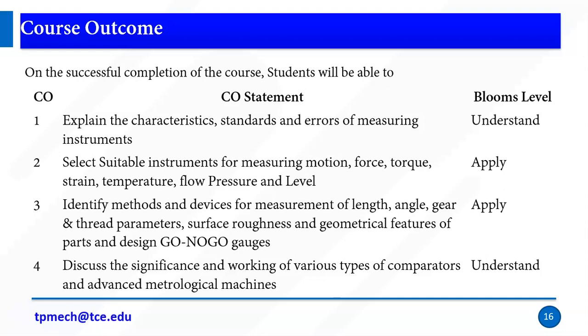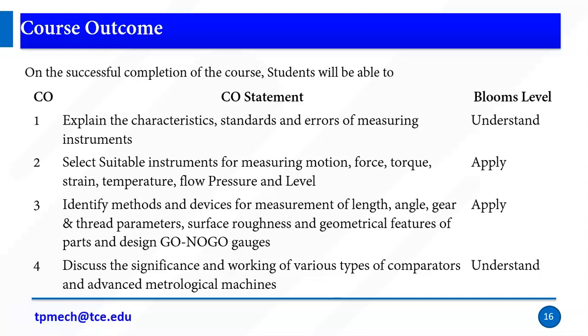The first one is to understand the introduction: what is meant by accuracy, precision, repeatability, reproducibility, all those things. The second one is the measurement part: how to measure force and torque, what equipment is available, and the principle behind measuring those factors. The third one is the metrological part, geometrical form: how to measure linearity, length, angularity, angle, circularity, and then gear and thread, which is a combination of linearity as well as circularity.